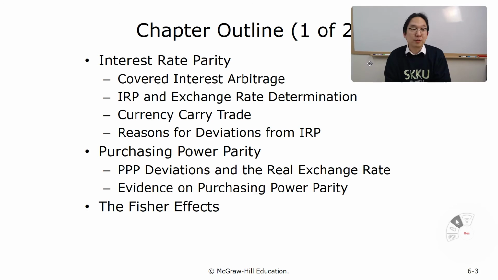You make money out of it. That's carry trade. Reasons for deviations from interest rate parity relations, we'll also talk about. And then bid-ask spread and market frictions, and then we'll pretty much be done for this week.